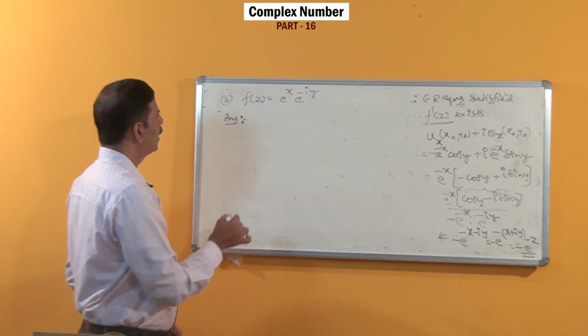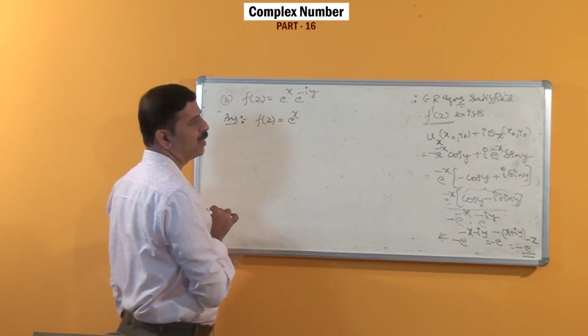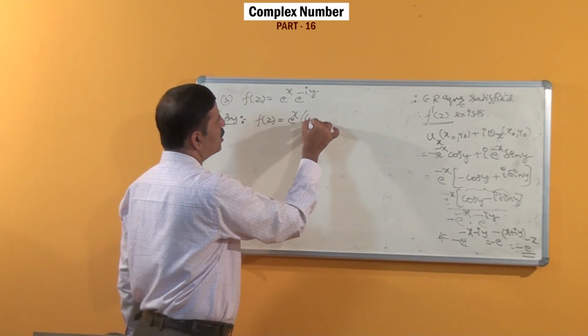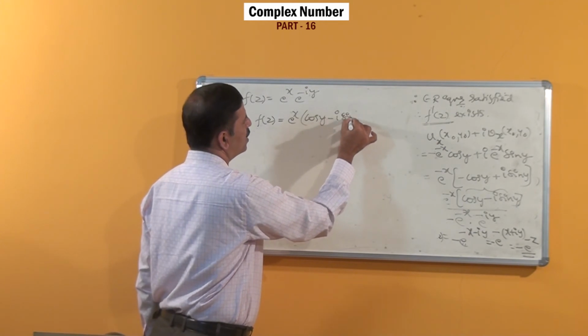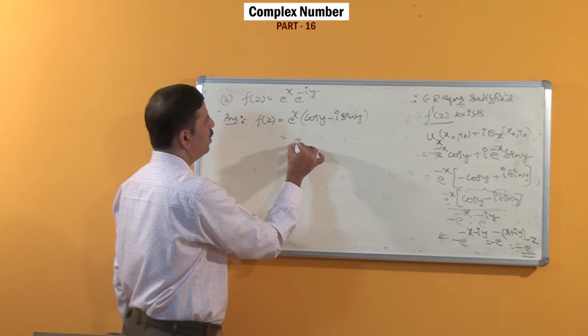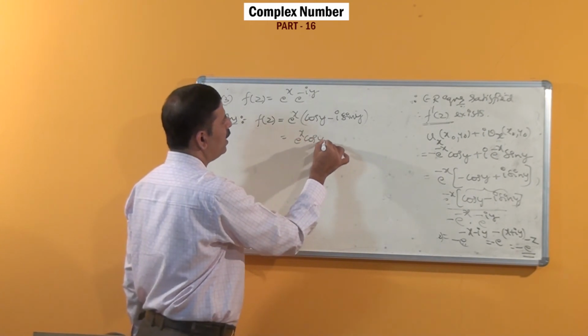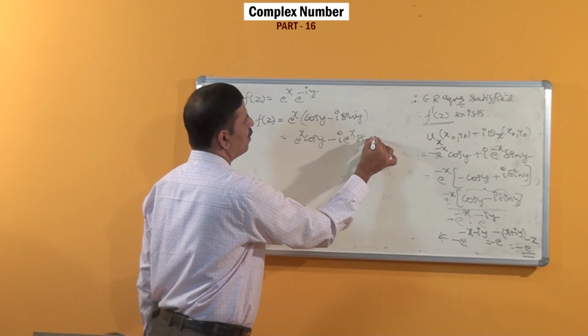To find the CR equation you have to express it in the form u plus iv. In exponential form, it is equal to e power x cos y minus i times e power x sin y.